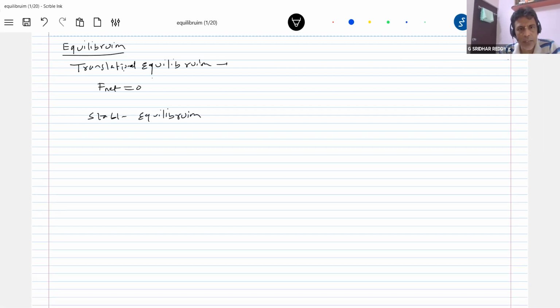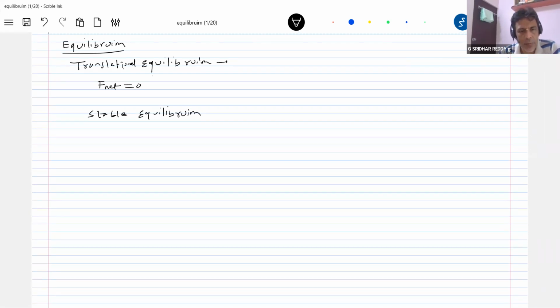What are the features of a stable equilibrium? The word itself is stable. Let me take an example. Take a block on a curved surface, and I'm going to displace the block from the mean position.